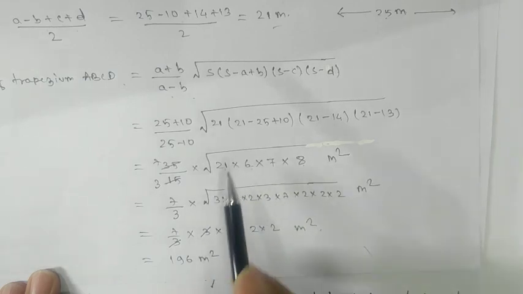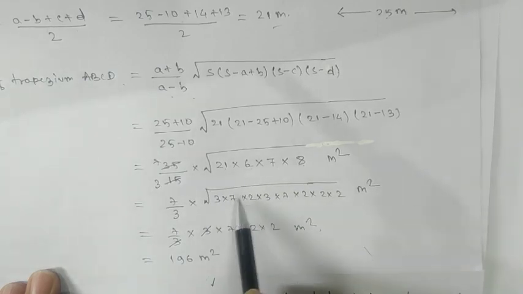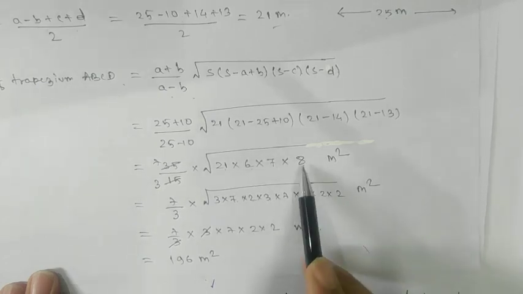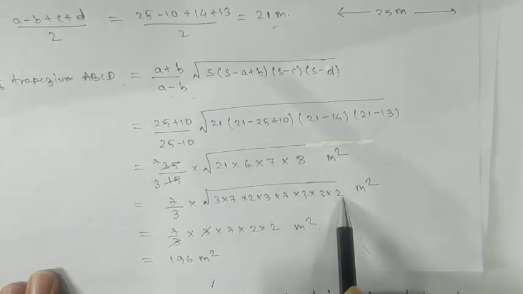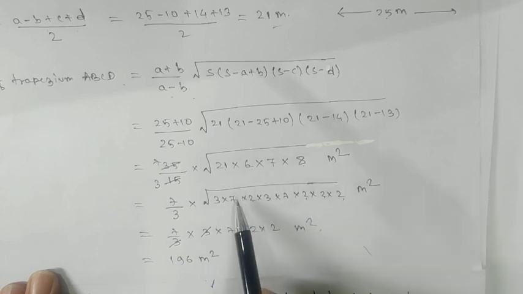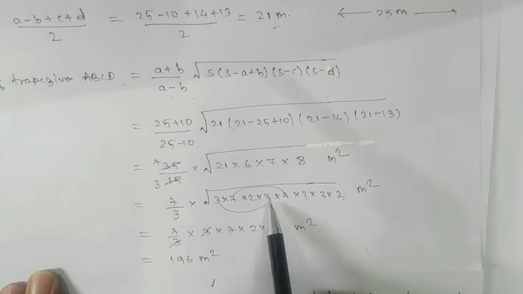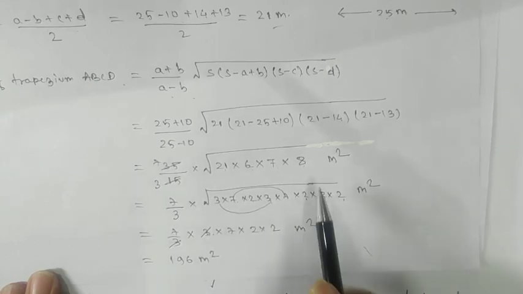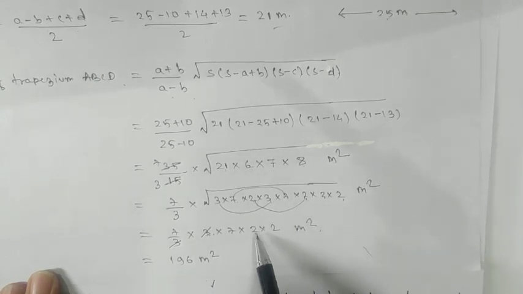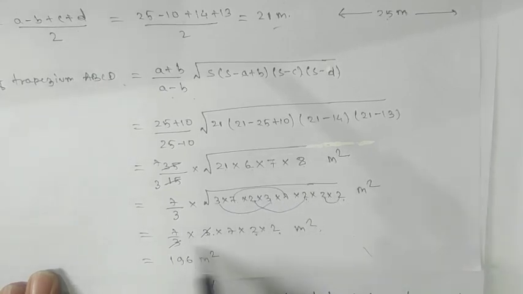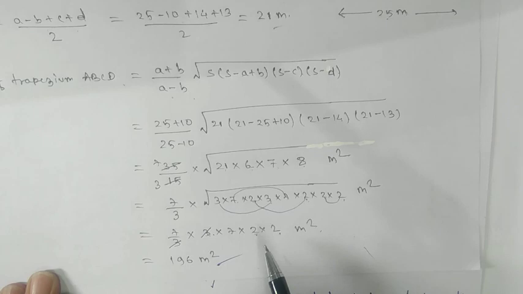Last time also we have discussed, we'll break this 21, 3 into 7, 6 will be broken into 2 into 3, 7 will remain 7, 8 can be written as 2 into 2 into 2. Now try to get the square part. See, 7 will give you 7, 3 square will give you 3, and 2 2 and another 2 square will give you 2. Now after that you multiply, you will get your 196.